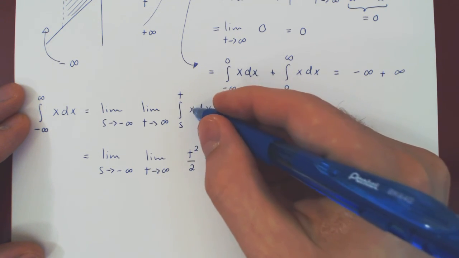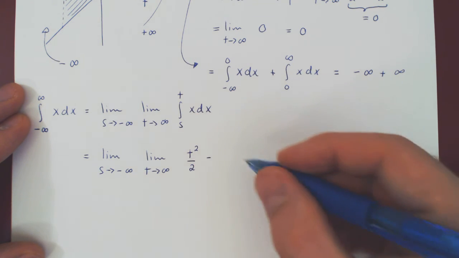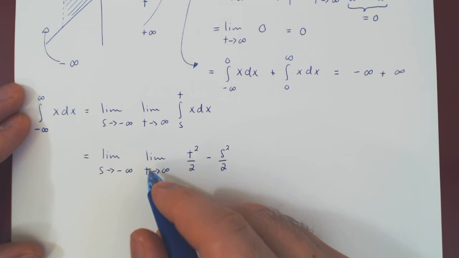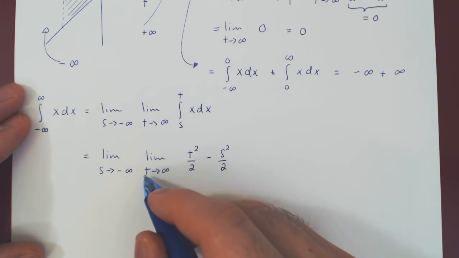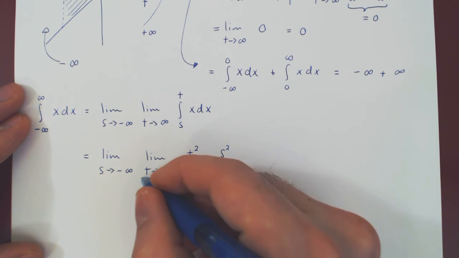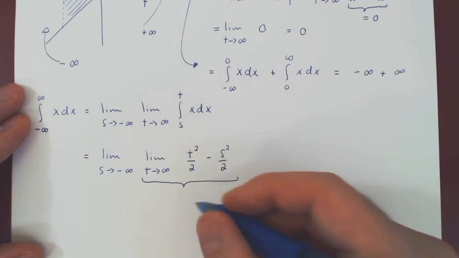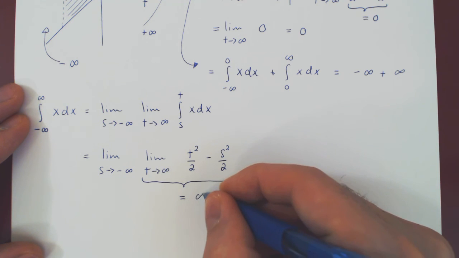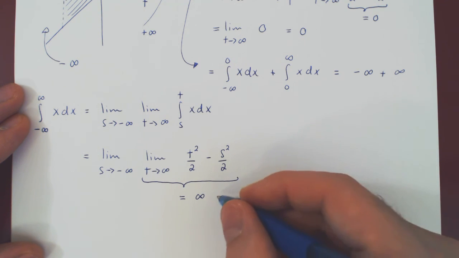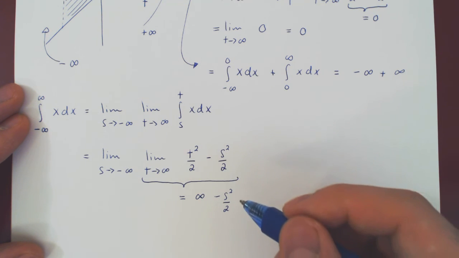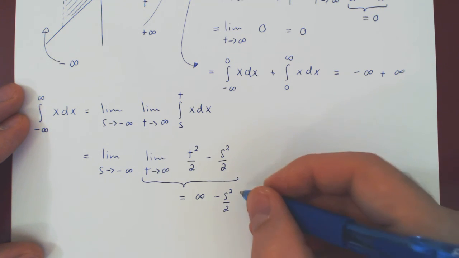Minus x squared over 2, our antiderivative, applied at s, minus s squared over 2. And now if we handle the limit as t goes to infinity first, this will go to positive infinity, minus s squared over 2. But no matter what the value of s is, this will be infinity.